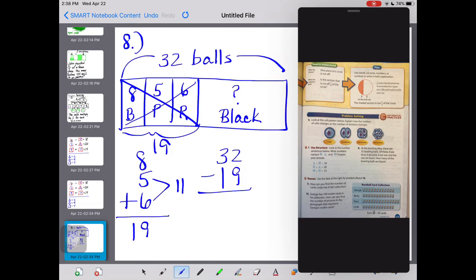Oops, I can't take 9 from 2. I need to go over and regroup. I'm going to take a 10, so I'm going to subtract that out, and I'm left with 2 10s here.